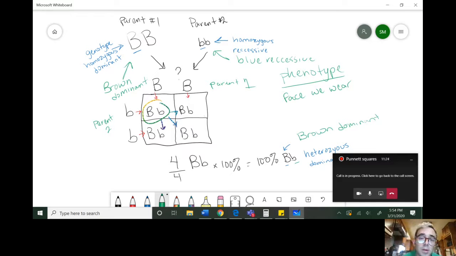You can also utilize this method to find out the genotype and phenotype of offspring if your parents had the same or multiple generations of genotypes. So as long as you have some information, you can solve for this.